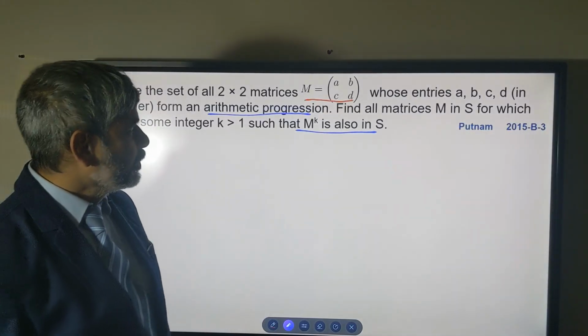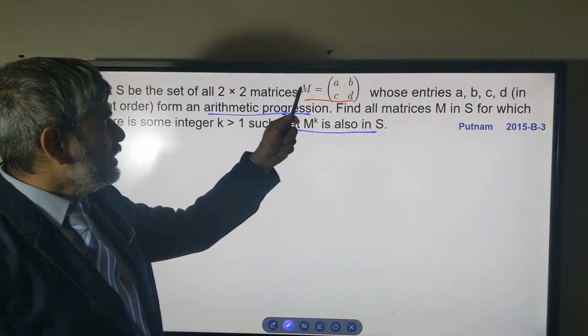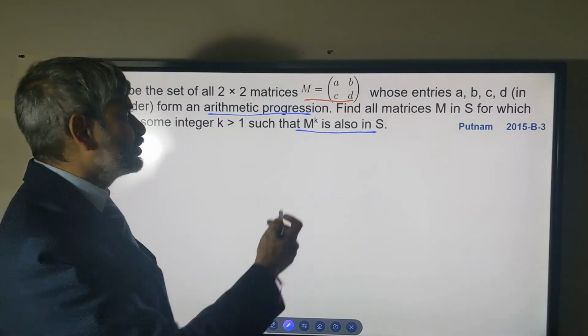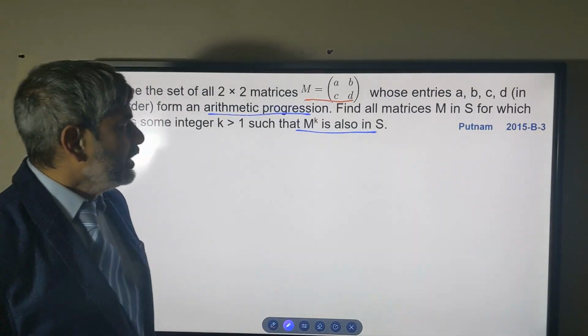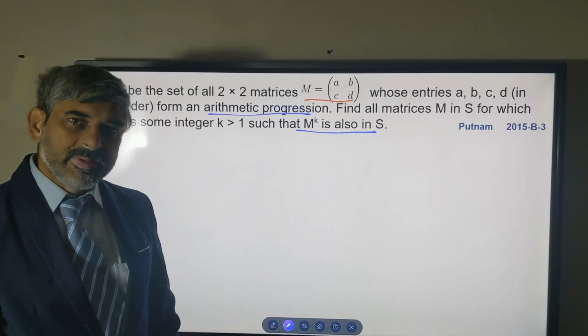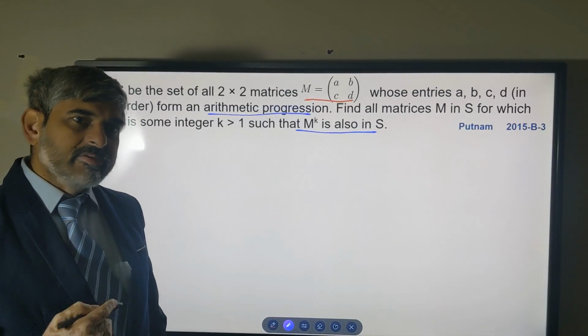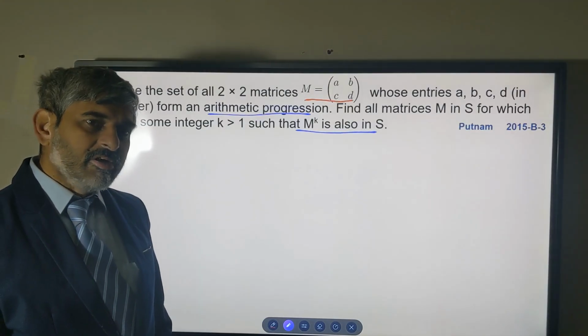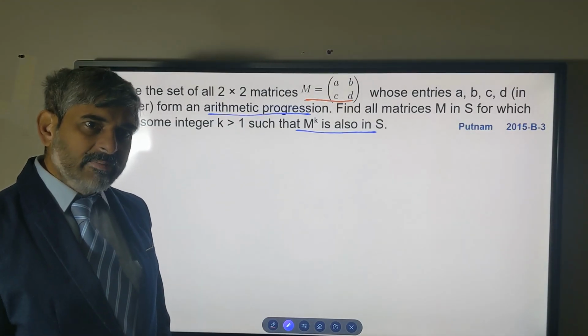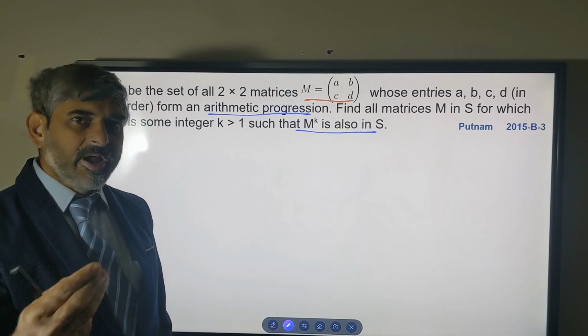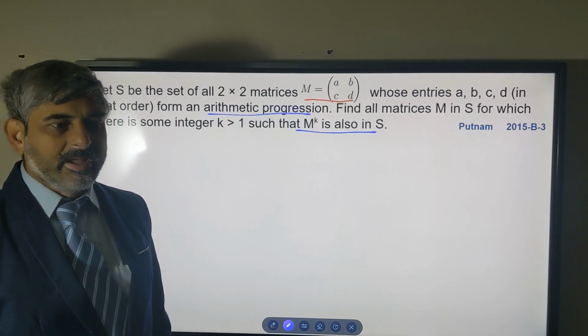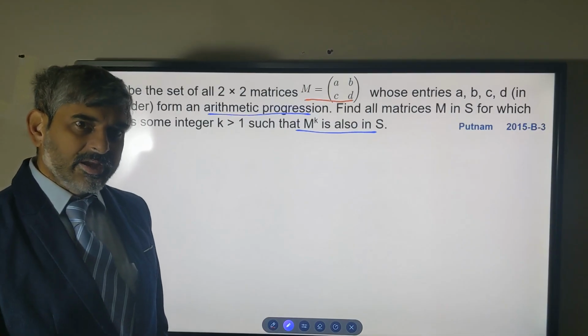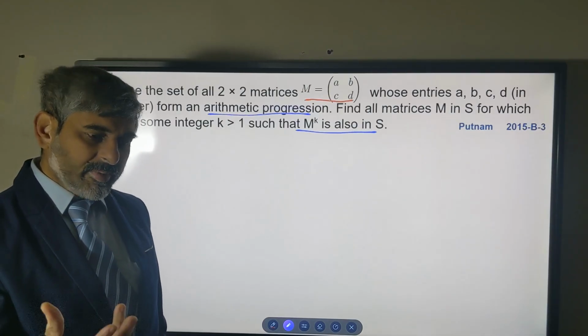That means what we need to try to do is square this M. First of all, we'll take M as having elements in arithmetic progression, and then we will try to get a feel of how M square, M cube, M to the power 4, M to the power k look, and whether they end up being an arithmetic progression.